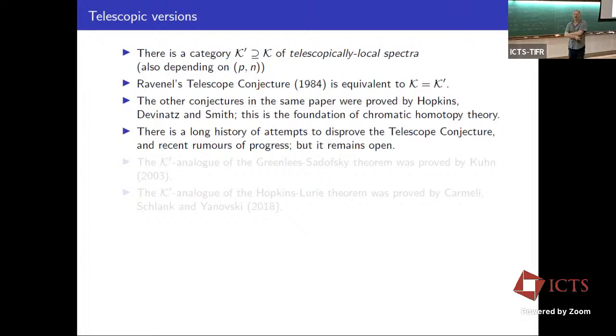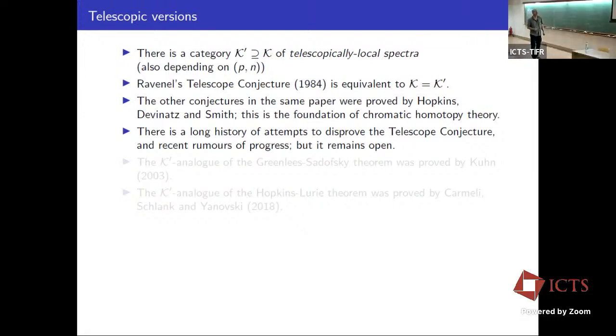Roughly speaking, people came to the conclusion that for the telescope, they could write down a certain spectral sequence with a very large E2 term, and for the telescope conjecture to be true, there had to be some extremely surprising and complicated pattern of differentials in the spectral sequence. They didn't believe that it was possible to have such a pattern, but they weren't able to prove that it was inconsistent. Okay, so it still remains open.